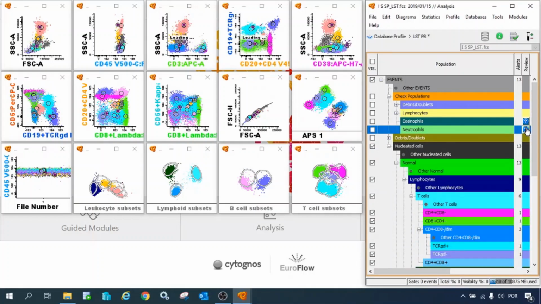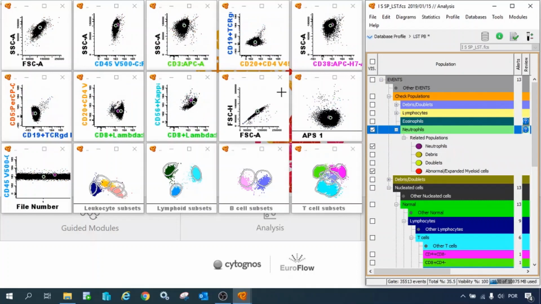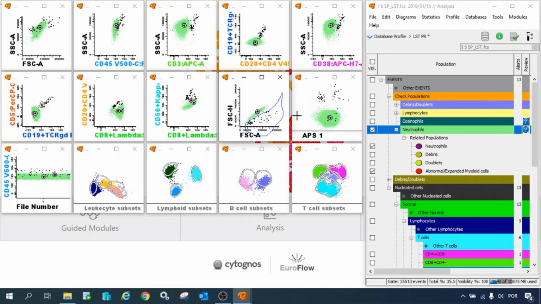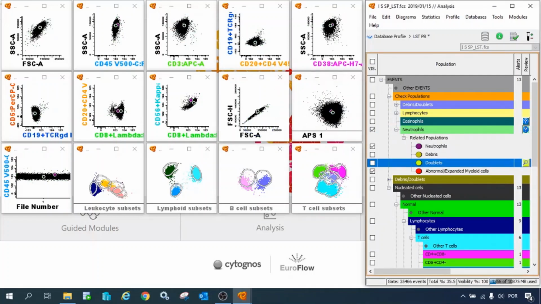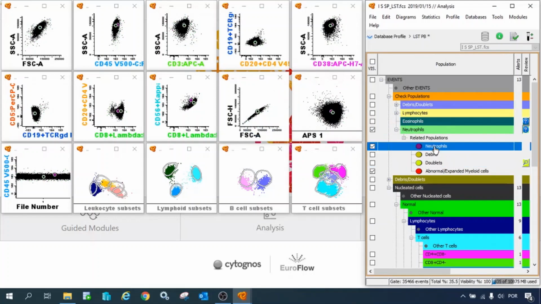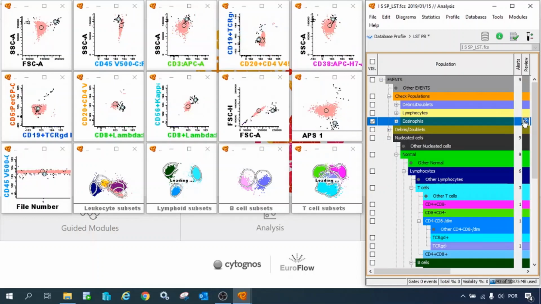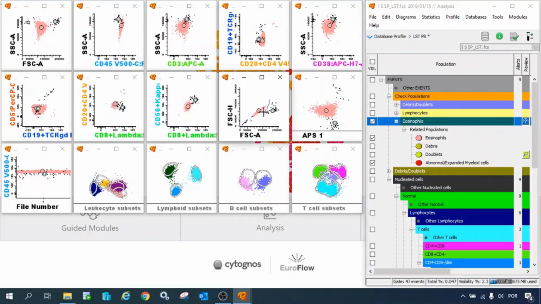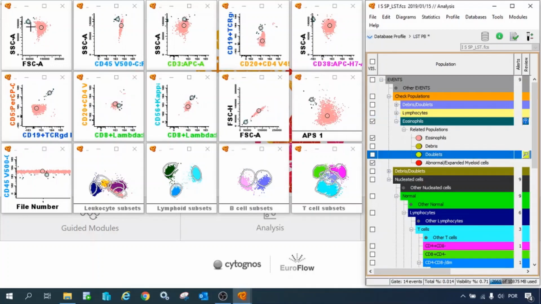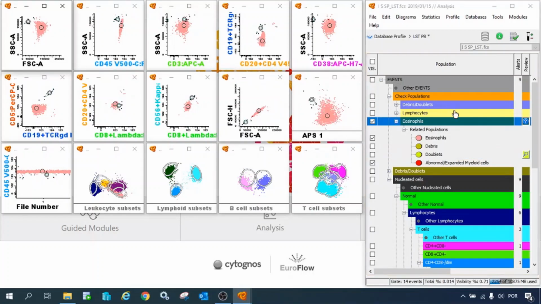Then I will move on to the neutrophils. And we have a few dots around here which correspond to doublets, and the rest, very many dots, are neutrophils. Then moving to the eosinophils, again we have doublets, but we also have debris.